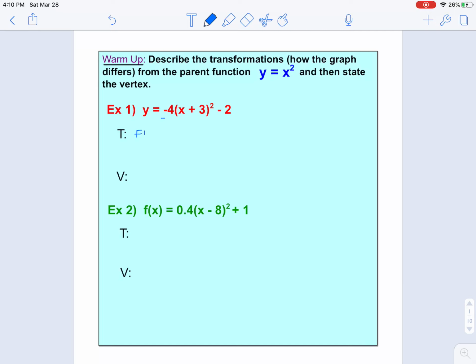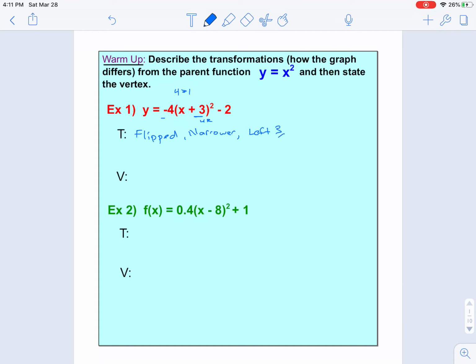All right, as we're looking at this one, transformation, we've got a negative sign. That tells us this thing is flipped over. It normally faces up, then negative, now it's facing down. We've got 4. Well, since 4 is greater than 1, this thing has gotten narrower. Okay? Inside the parentheses, that is our left or right number.